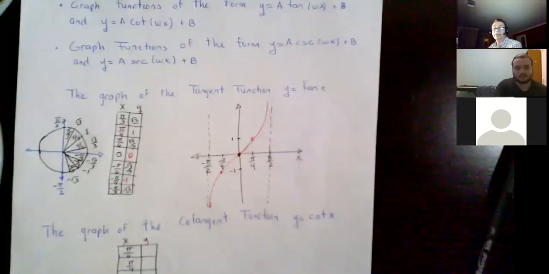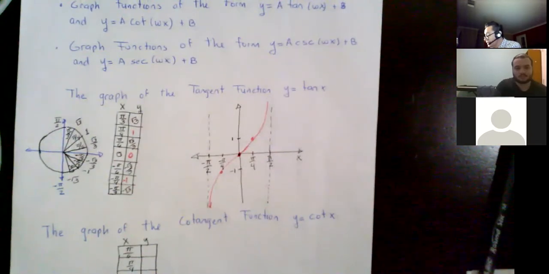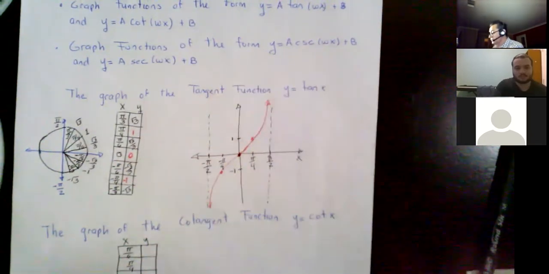So it goes through this point and gets closer and closer to pi over 2 and negative pi over 2, but never touches these two values. This is how the tangent function looks, you guys.